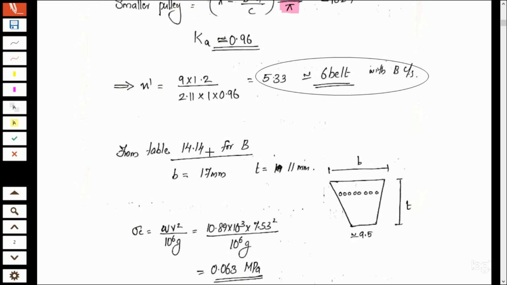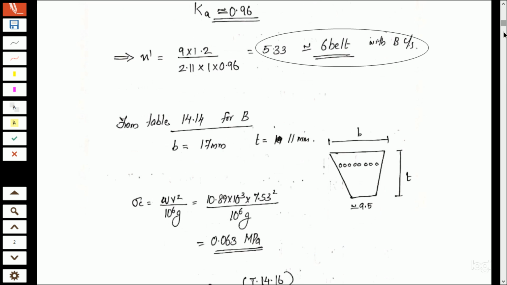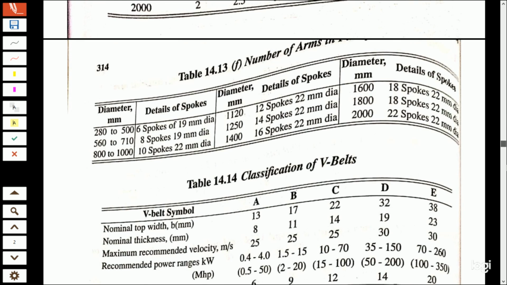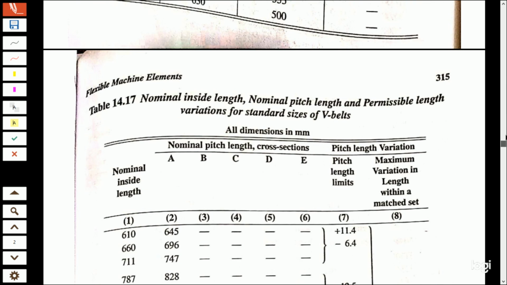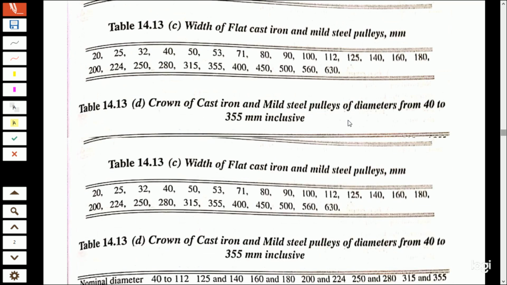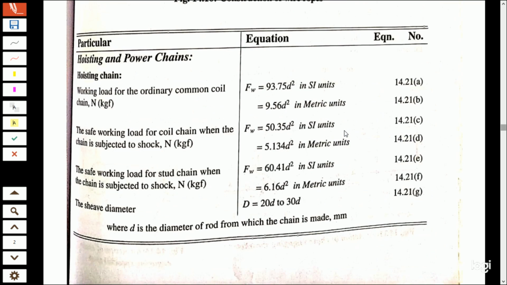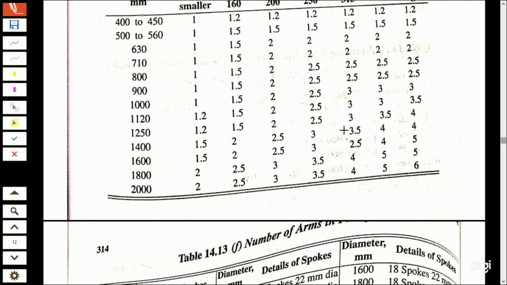Now if you go to table number 14.14, the cross section, let us go to table 14.14 and see what is given over there.